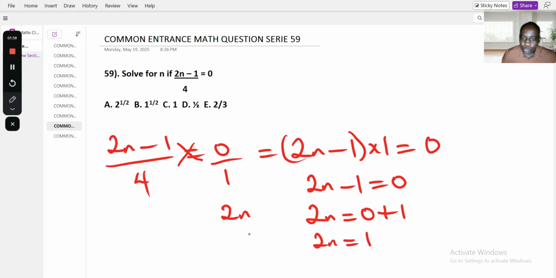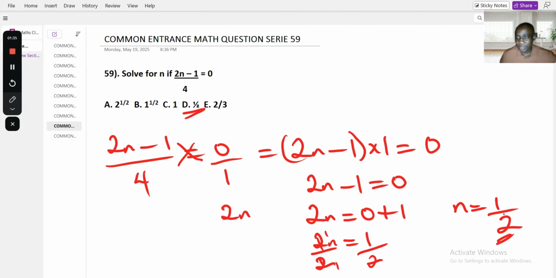What are we going to do next? We are going to divide both sides by 2, the coefficient of n. 2 here 1, 2 here 1. Our final answer is n equals 1 over 2. Do we have 1 over 2 there? Yes. 1 over 2 is D. Let's move to the next question.